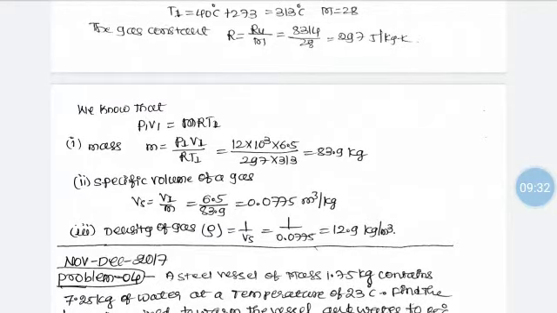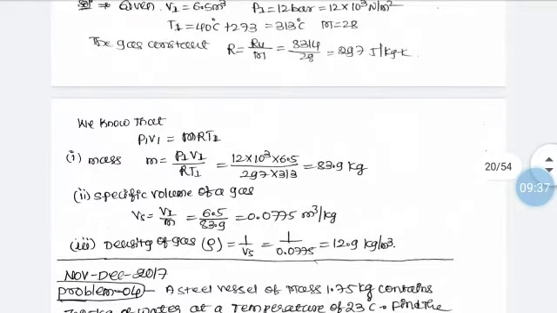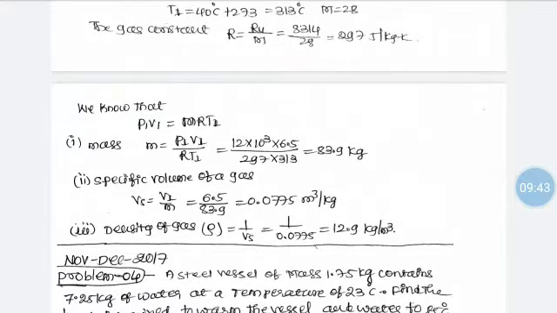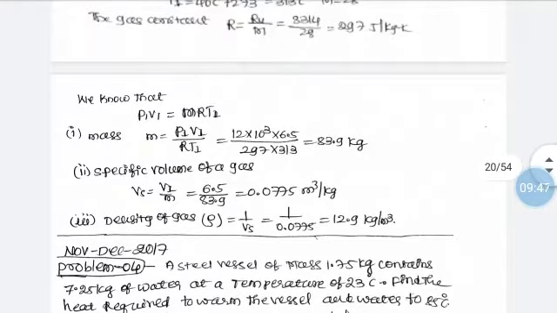Now fill in the values: P1 is 12 into 10 raised to 5, V1 is 6.5, R is 297, and T1 is 313. So after calculating this, we get the mass of gas as 83.9 kg.